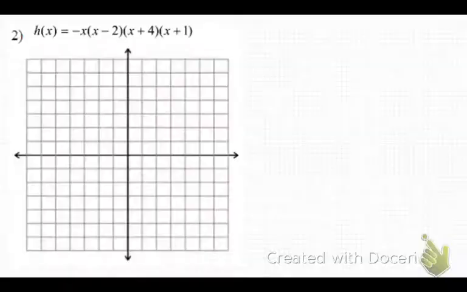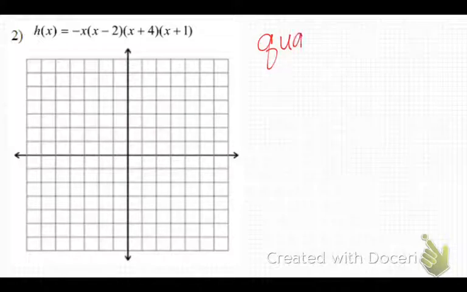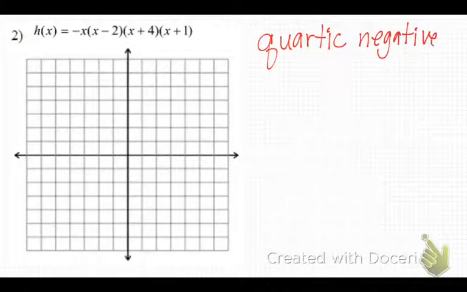We're going to do number 2 now. What is this classification and orientation? Quartic, and it is negative. Yes, because this has a negative out front. So can you show me with your arms which way this graph faces? Down. Good.